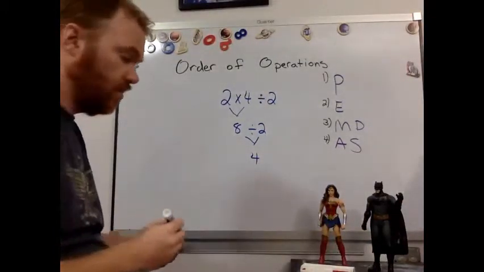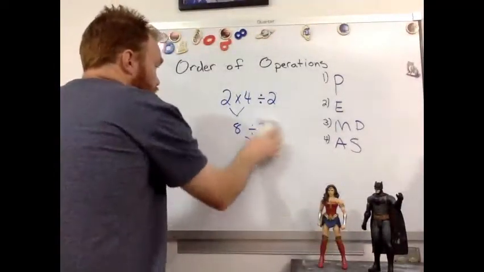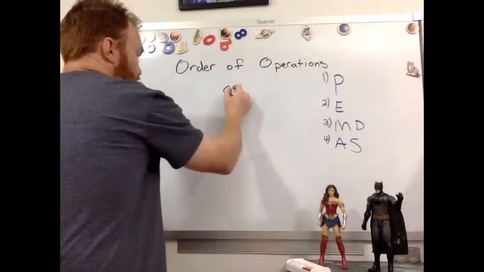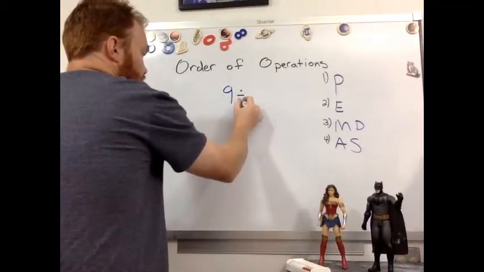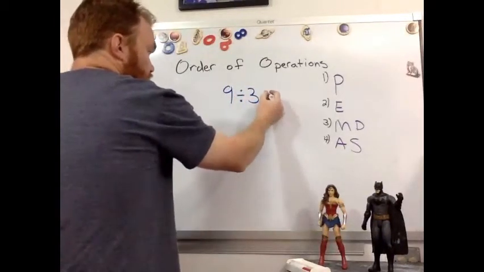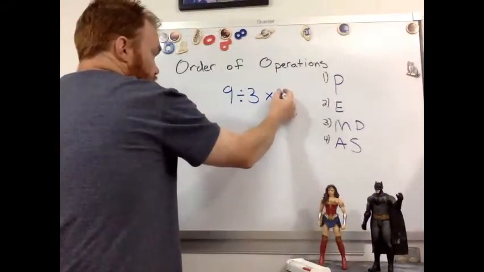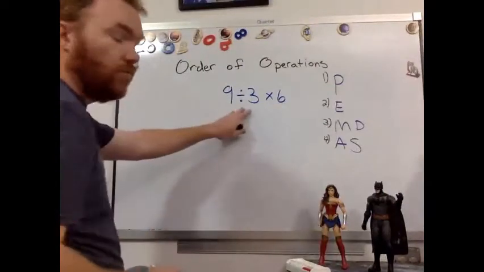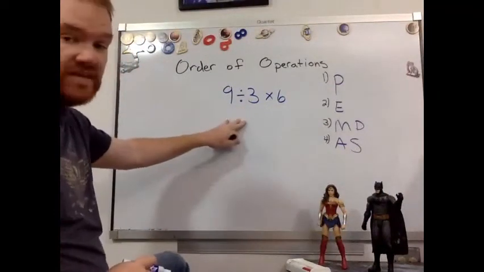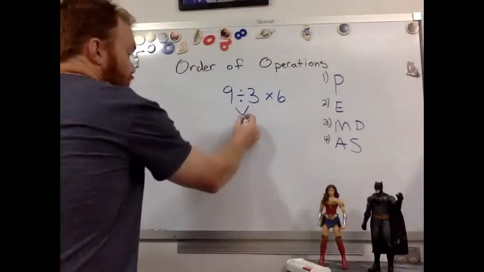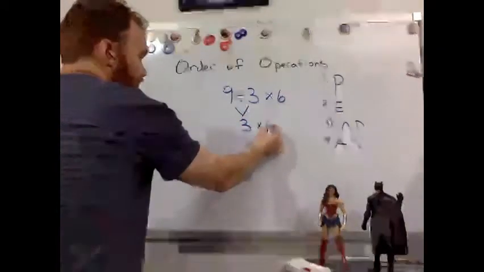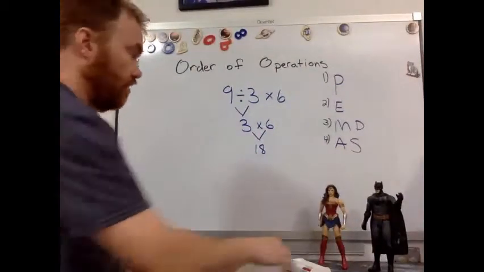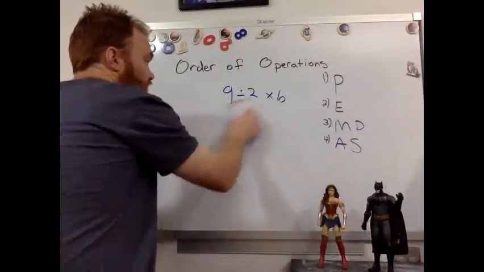But if we have something like 9 divided by 3 times 6, I'm going to do my 9 divided by 3 first because that's what's coming first. 9 divided by 3 is 3. 3 times 6 will give me my 18. So that's what we mean by multiply or divide.